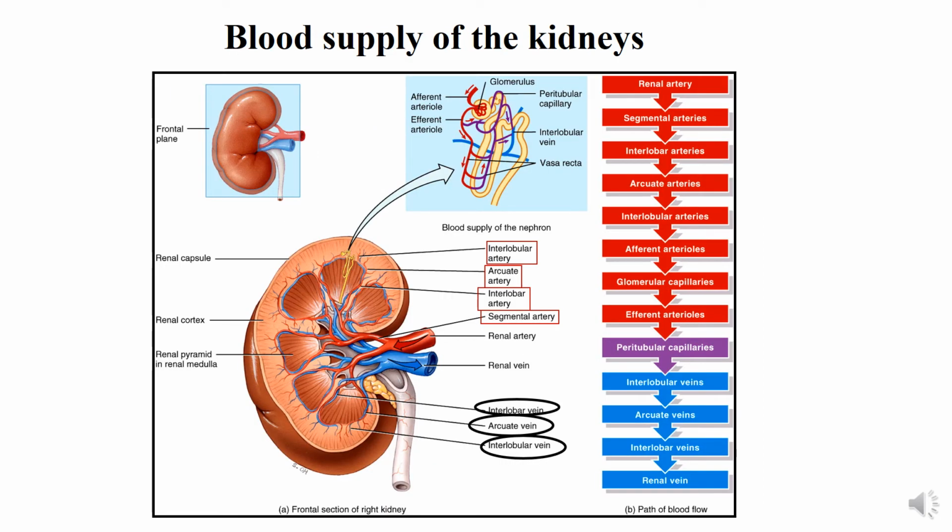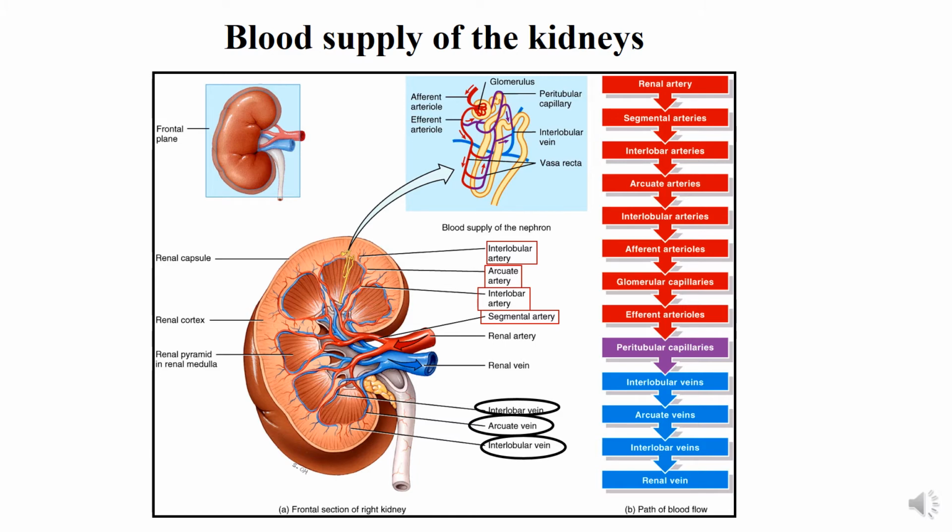Regarding the blood supply, the kidneys are supplied by the renal arteries, which arise from the aorta at the level of the intervertebral disc between the first and second lumbar vertebrae. The right renal artery is longer than the left renal artery, and it passes posterior to the inferior vena cava.